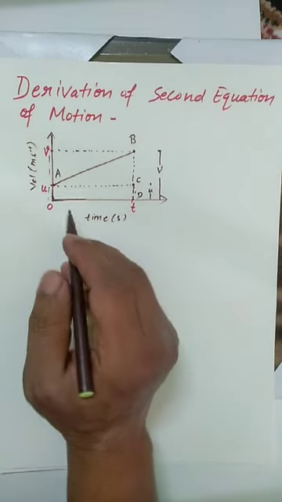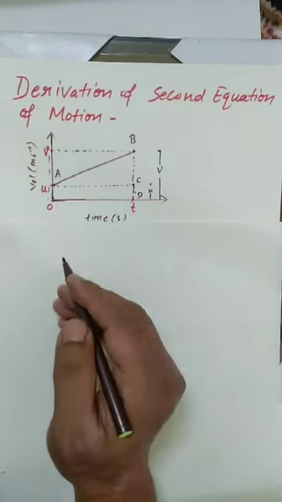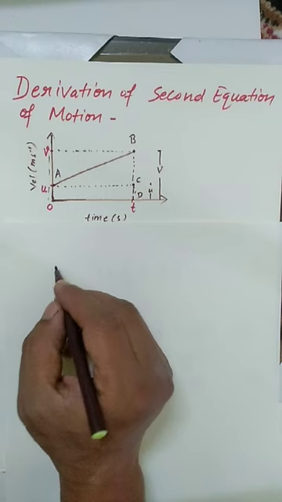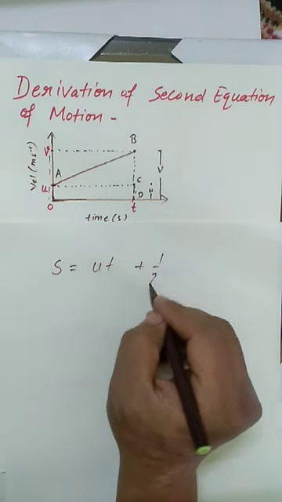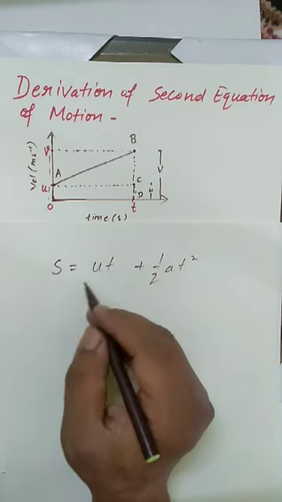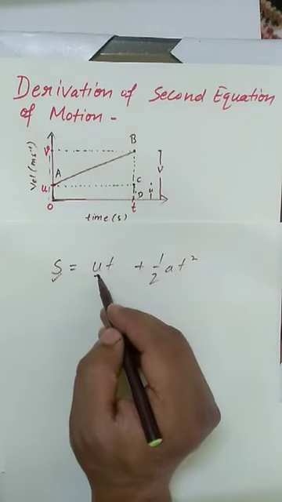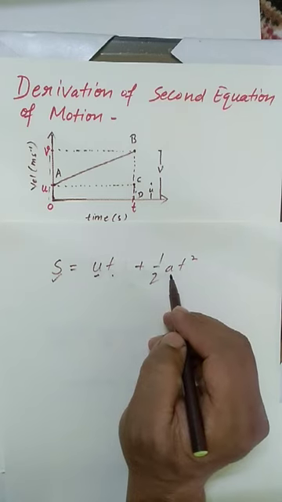Okay, now guys, as you know, the second equation is in the form of s equal to ut plus half at square.